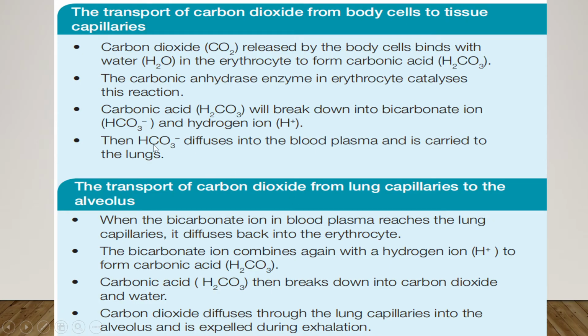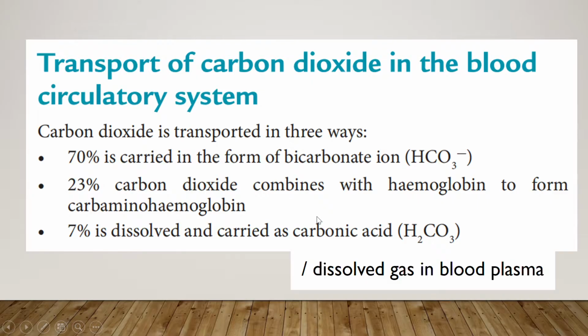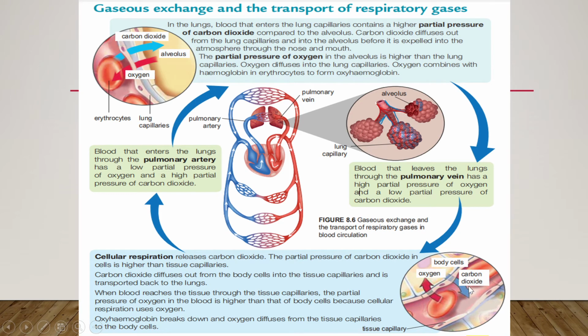Next, this bicarbonate ion will diffuse into the blood plasma and is carried to the lungs. So that means we are talking about this majority, about 70%, in the form of bicarbonate ion, and that is here. About 70% as bicarbonate ion.